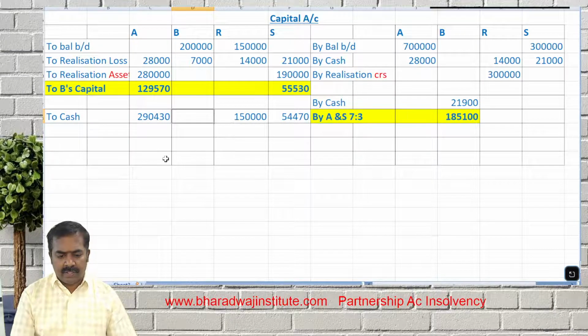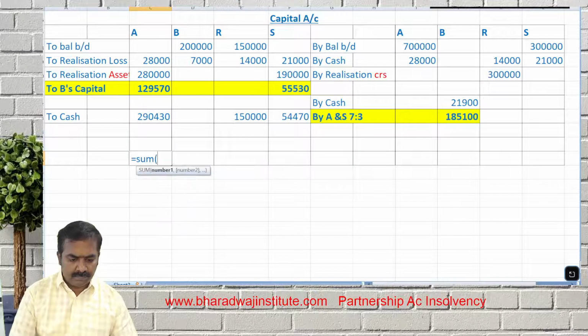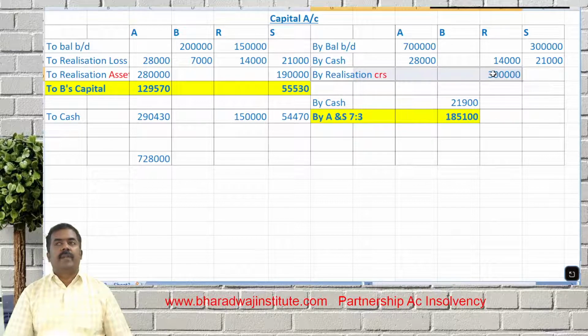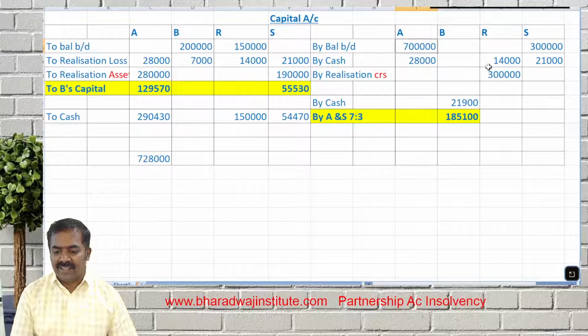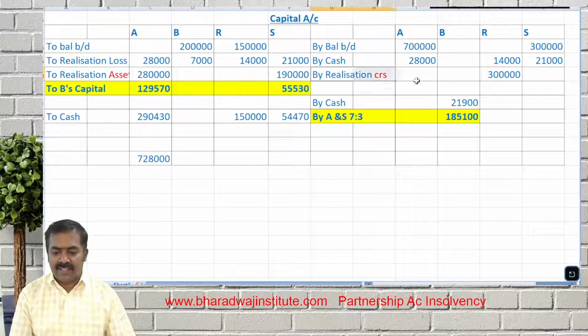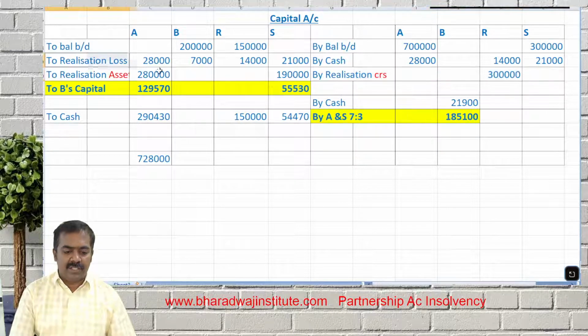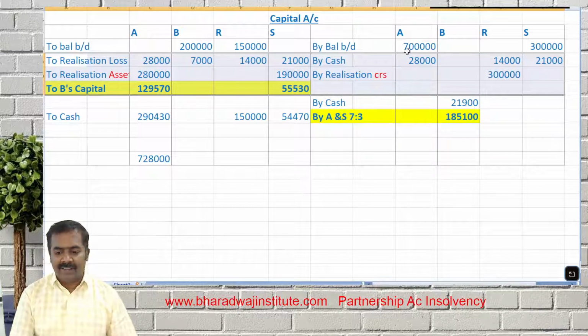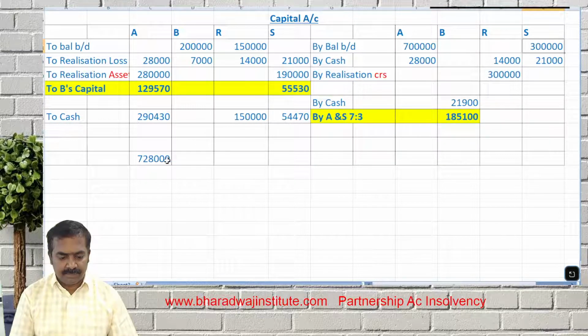This is to cash settled. And please remember, this creditor settled 3 lakhs should not be taken for adjusted capital. Many people will do this: okay, 7 lakhs, the 3 lakhs plus 3 lakhs, like this. Okay, so this 3 lakhs is a realization item that is taken over or paid. Don't consider any realization item for calculating which one? Adjusted capital. Not adjusted capital, just 7 lakhs and 3 lakhs.